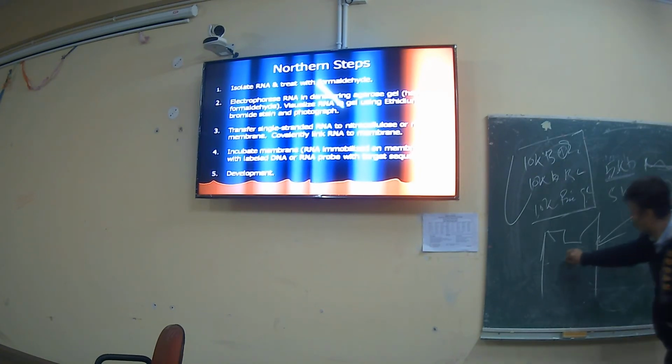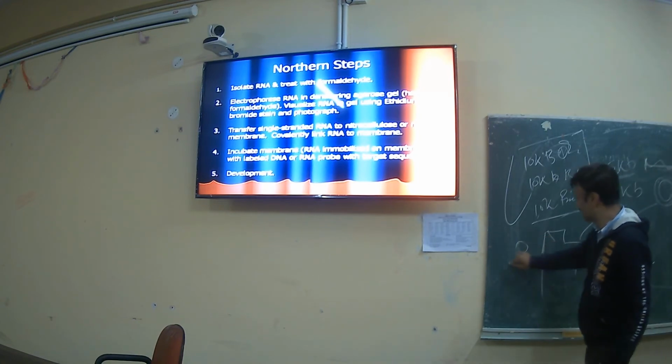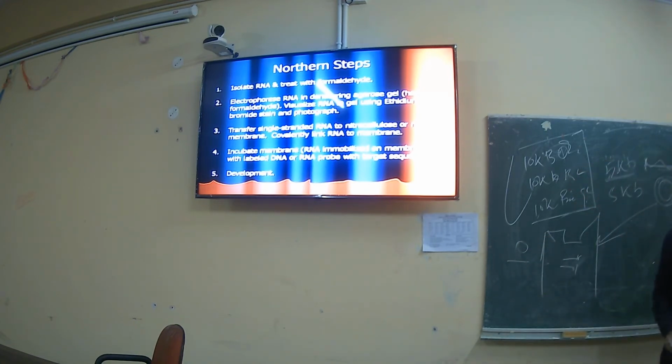If there are 2 bands, one is linear and one is circular. Linear will move faster. Think about that. Which one will move faster, circular or linear?